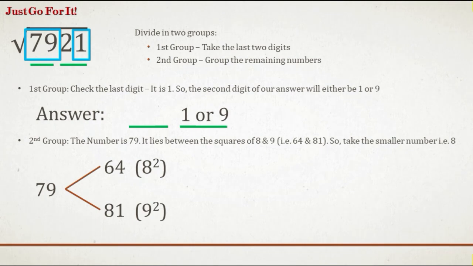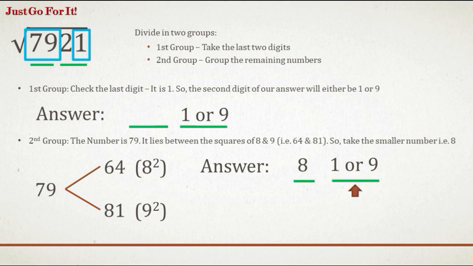Remember, we have to remember the squares of 1 to 10. So 79 comes between 8 square and 9 square. So we will always take the lower number. Since it is coming between 8 and 9, we'll take the lower number, which is 8. So the first digit of our answer is 8. And we are still not sure of the second digit. It can be either 1 or 9, right?